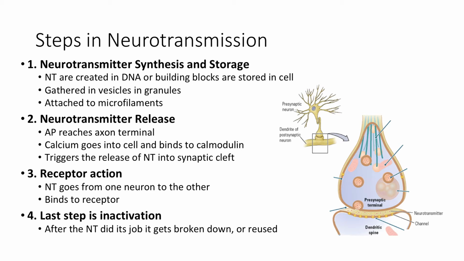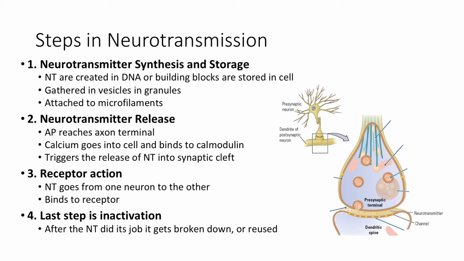Okay, so before we go further, we need to talk about the specific steps in neurotransmission. I know there's a lot of text on the screen, so let's go through this one by one. The first step is transmitter synthesis and storage.